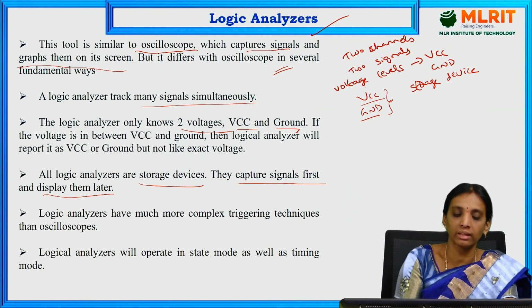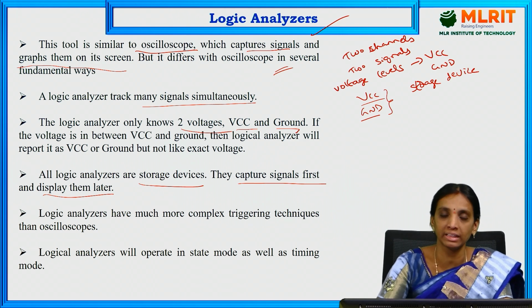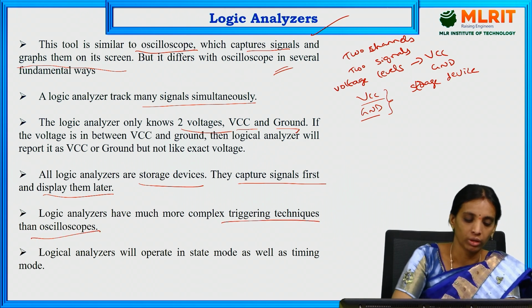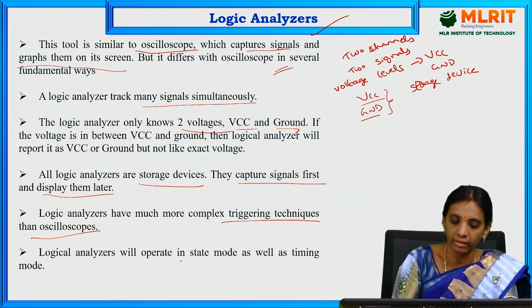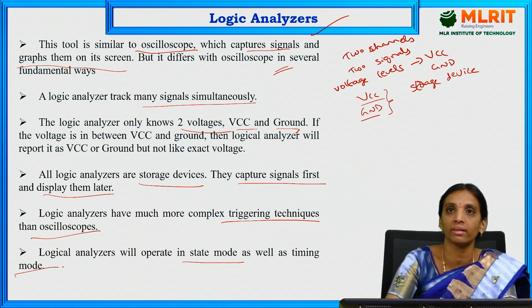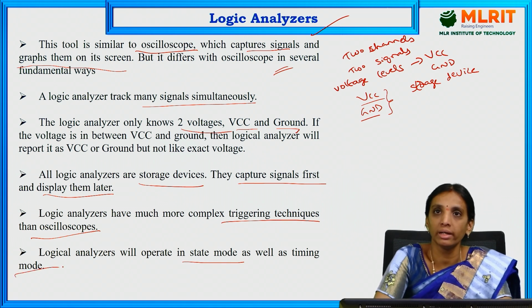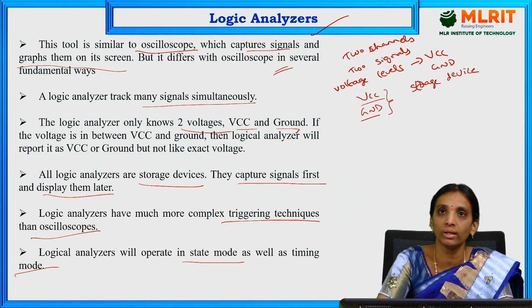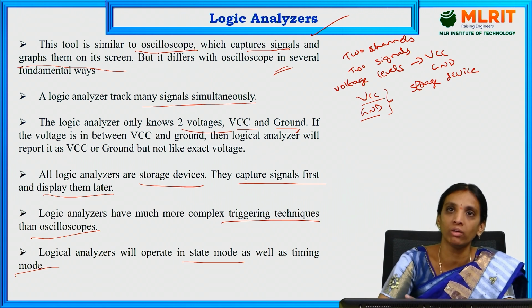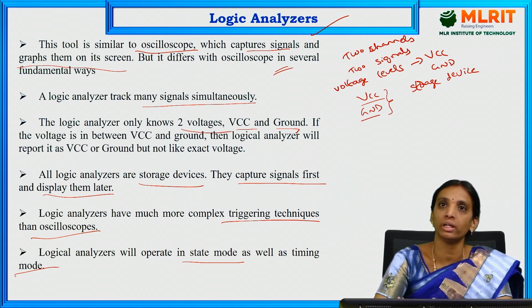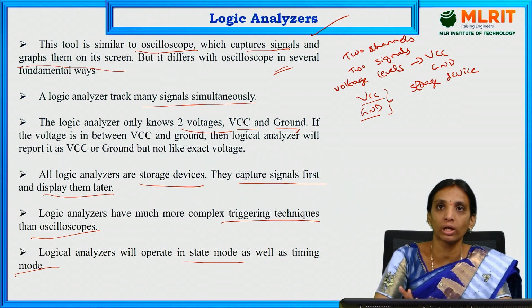These logic analyzers have much more complex triggering techniques than the oscilloscope. They operate in two modes, one is state mode and the other is timing mode. The oscilloscope is used only in the timing mode, which means any waveform is displayed with respect to time only.